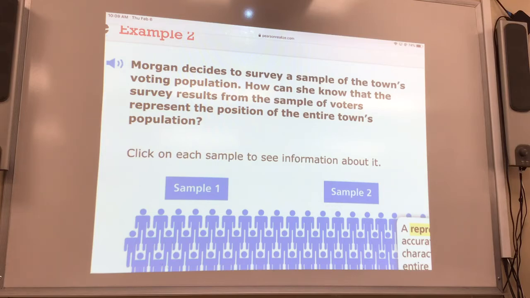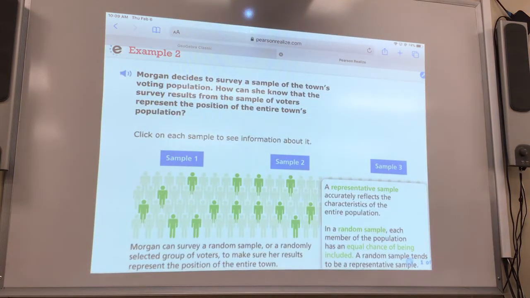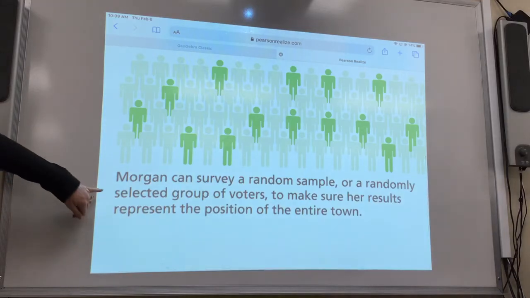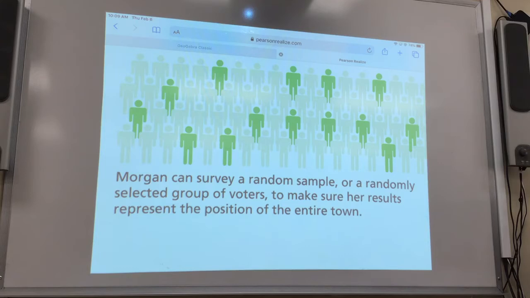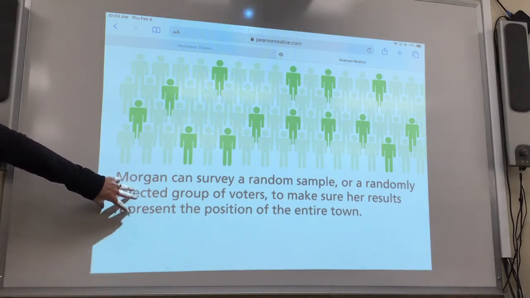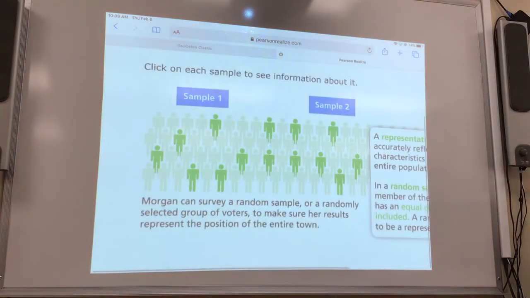So she wants a representative sample. For the first sample option, she can survey a randomly selected group of voters to make sure the results represent the entire population. So using a random sample is a good idea, right? She could be relatively sure of the options if it's a random sample.